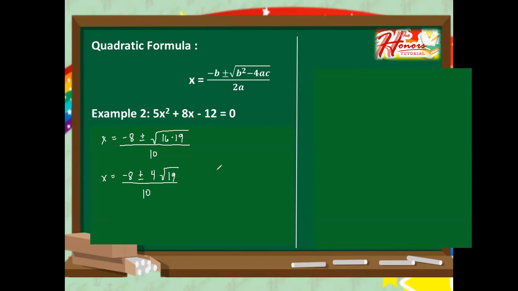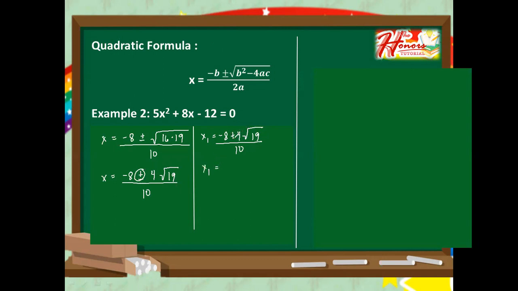For x sub 1, let me use this space for x sub 1. So x sub 1 is equal to negative 8. Let's use positive first. So plus 4 square root of 19 over 10. Again, we cannot combine negative 8 and 4.